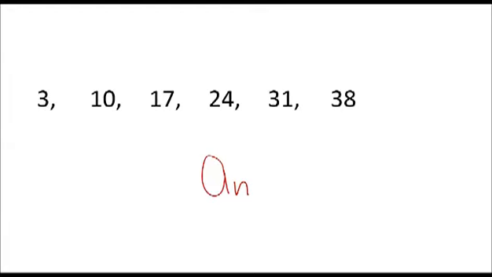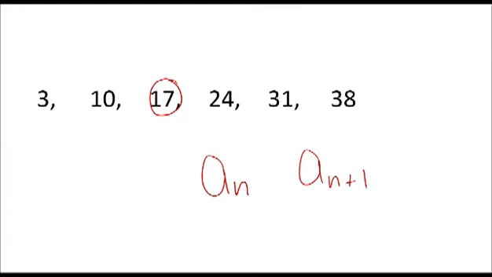If I wanted to refer to the next term in the sequence, that would look like this: a sub n plus 1. So for example, if n was equal to 3, and I was talking about the third term, a sub n plus 1 would be the fourth one, the one that comes after it.